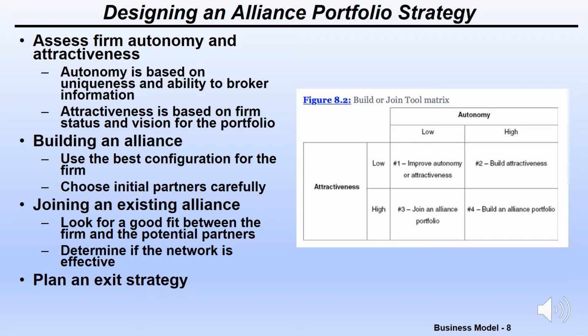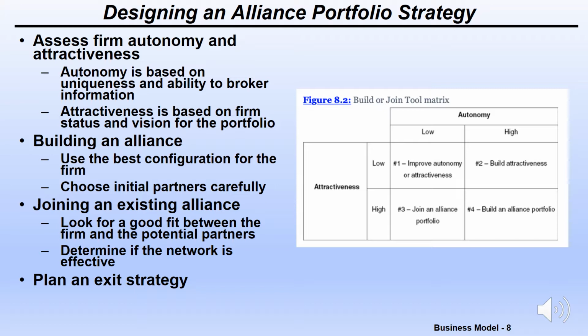And then the other part is, is the firm maybe a broker of information, or does it deal with a lot of customer information? Is it able to provide value to its alliance partners with information, as opposed to being one out of a small number?